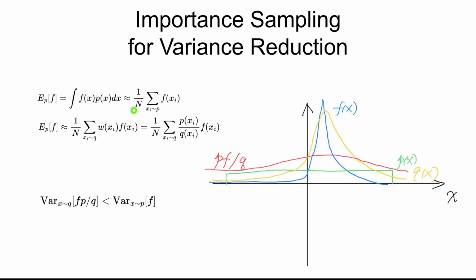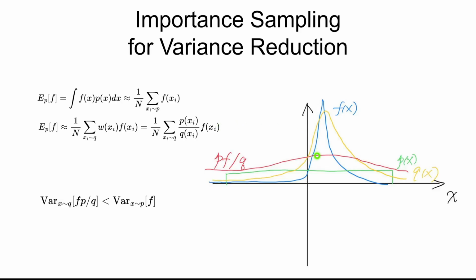The problem of doing this average is that, for example, if we have an f(x) which has a very sharp peak in this case, then if we sample in the regions away from the peak, the values will be very low. For example, if n equals 3 here, meaning we want to sample 3 points to estimate this expectation, then if all the 3 points are sampled from this low value region, the expectation value will be very, very low.